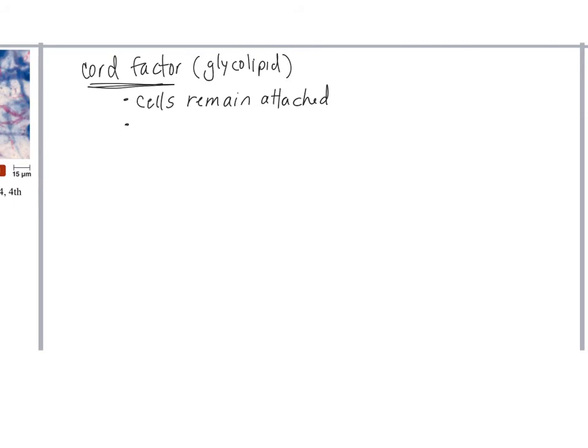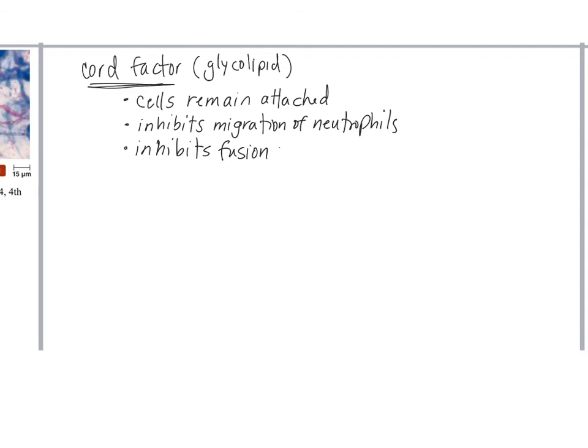We know the cord factor has some role in inhibiting migration of neutrophils. And we know that that helps inhibit fusion of the lysosome with the phagosome during phagocytosis.